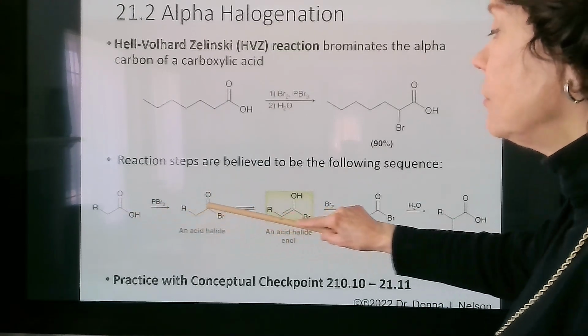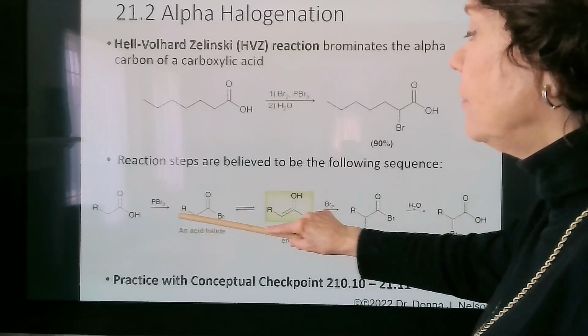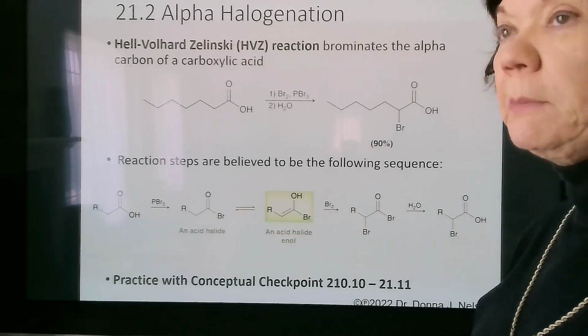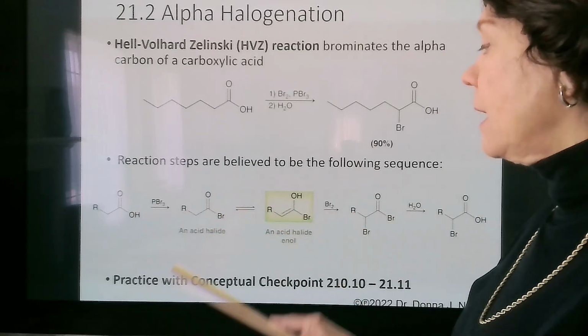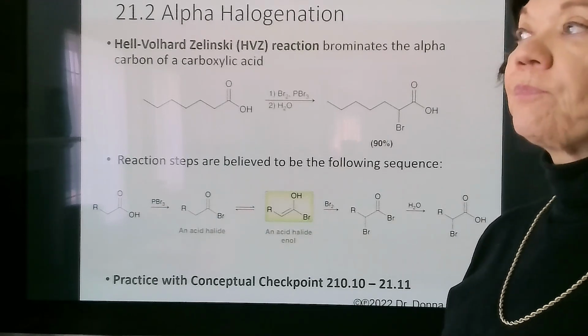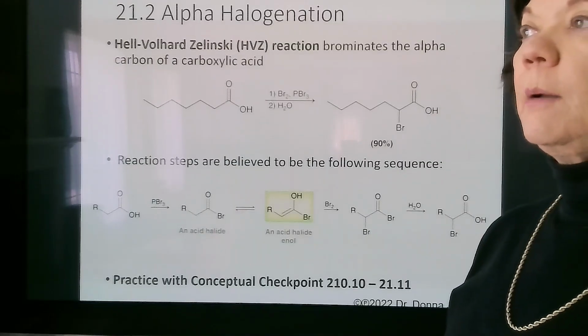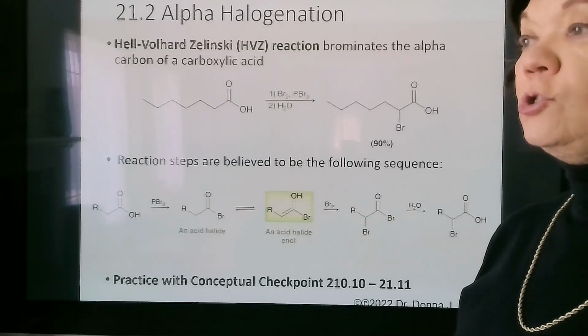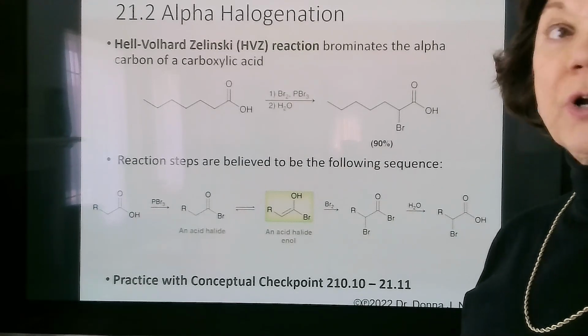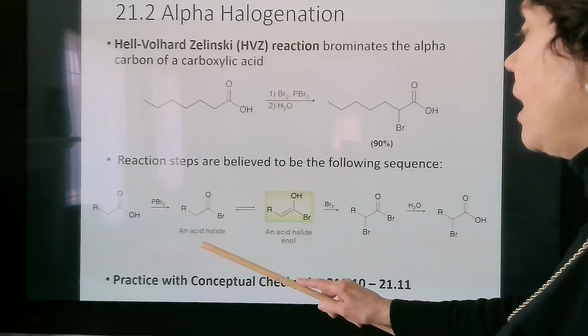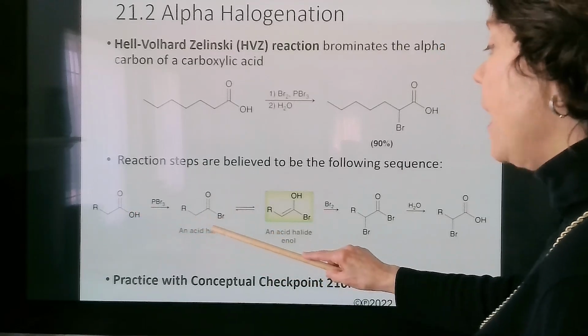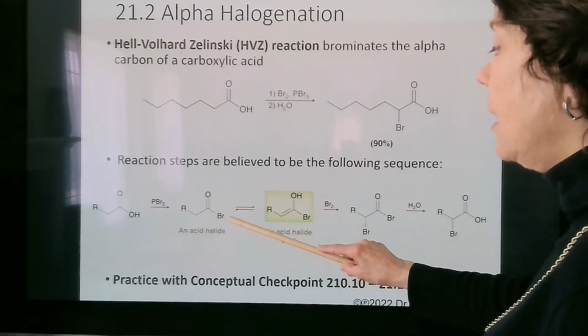This first step we're not going to cover too much. It's similar to forming an acid chloride using thionyl chloride, as you saw in the previous chapter. So it's an analogous reaction, except here you form an acid bromide.